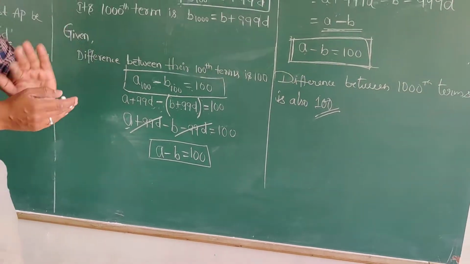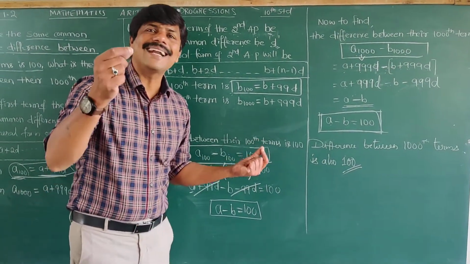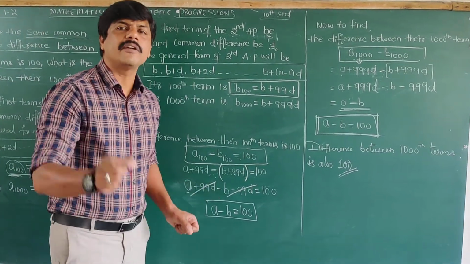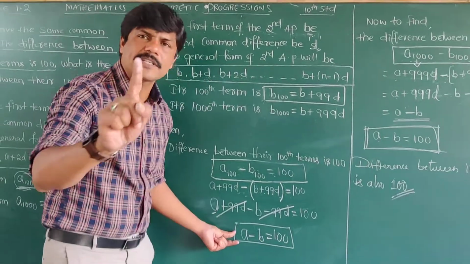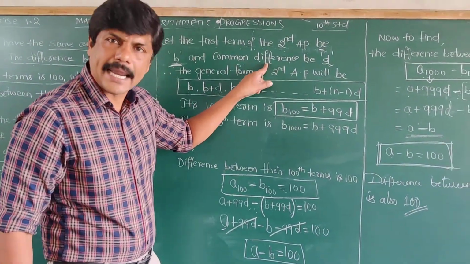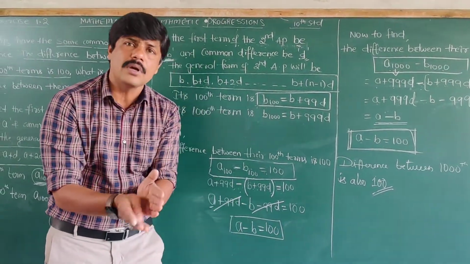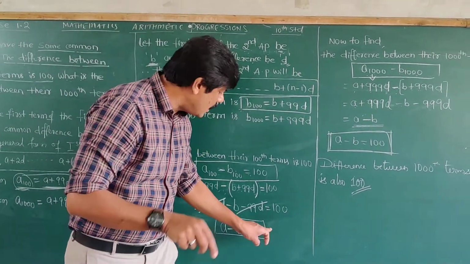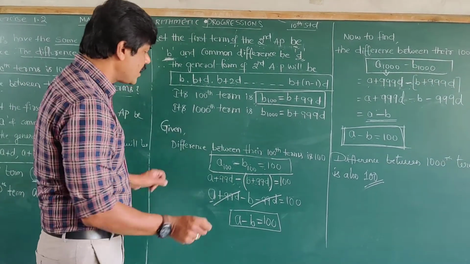Understand the problem? The difference between the 100th terms is 100. We have solved it and we got the difference between A and B. A is the first term of the first AP, and B is the first term of the second AP. So A minus B equals 100 means the difference between the first terms is also 100.